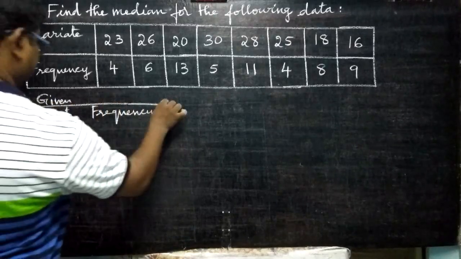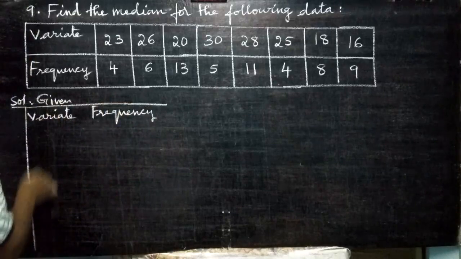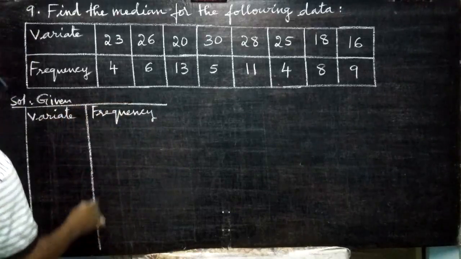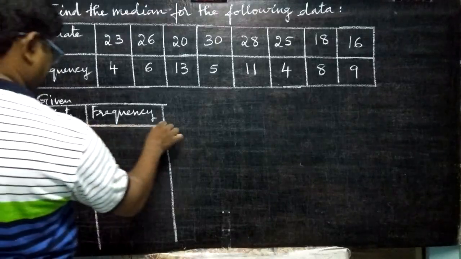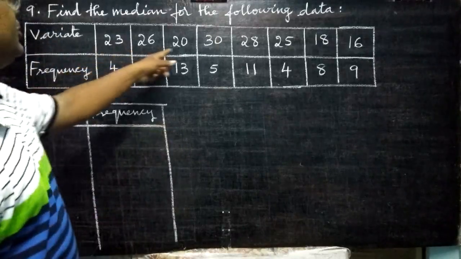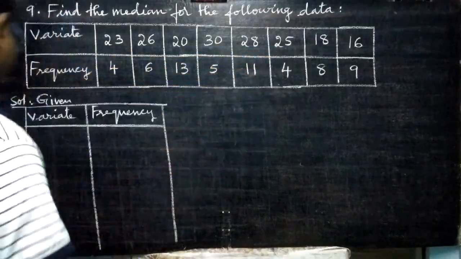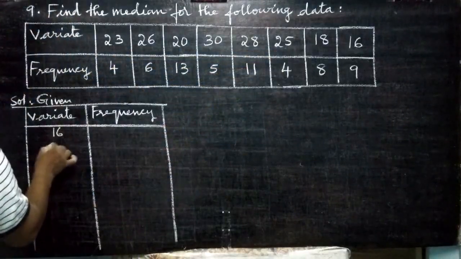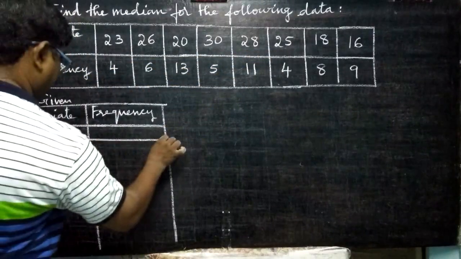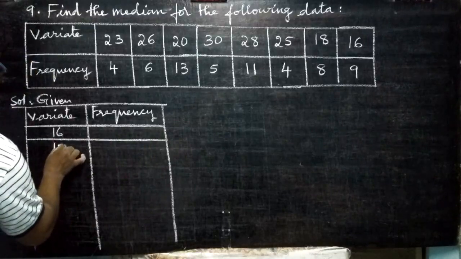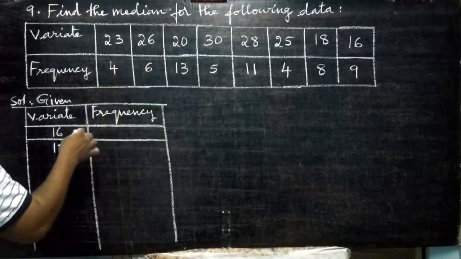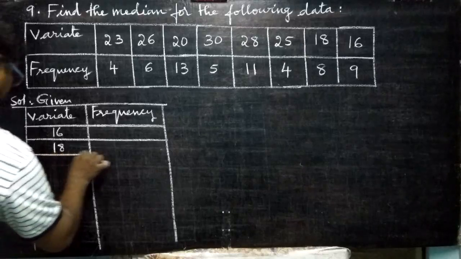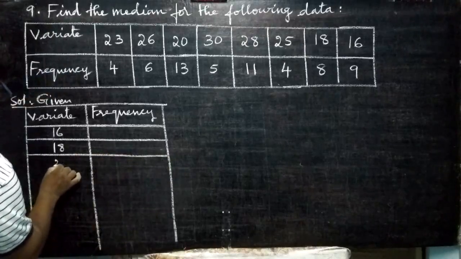Now, they have given variety. Which is the least? You have to see. 16. 16 after 18. 18 after 20.